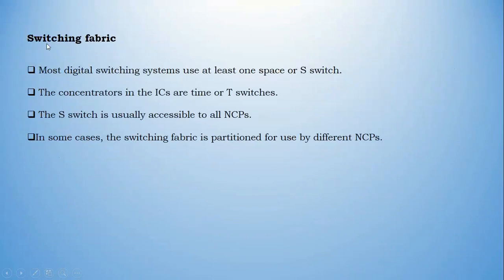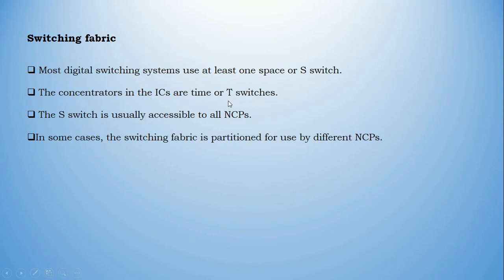The most important part in the hardware architecture is the switching fabric. A switch has to connect one subscriber, the calling subscriber, to the called subscriber. Most digital switching systems use at least one space switch, that means one S switch, and the concentrator. The concentrator is nothing but extensions, which is used for the switching exchange.